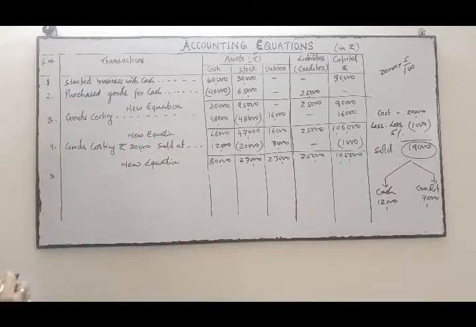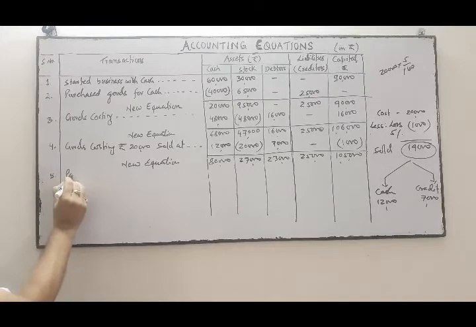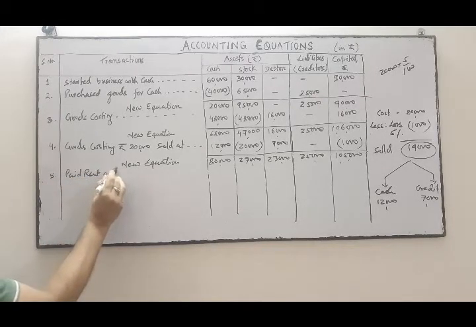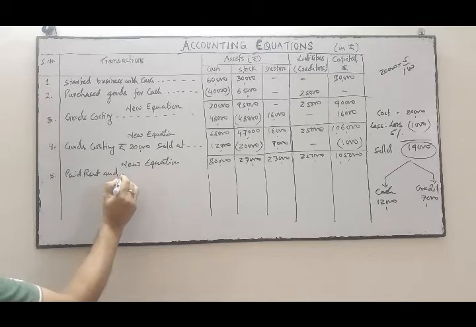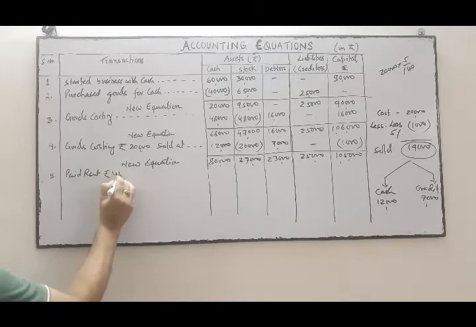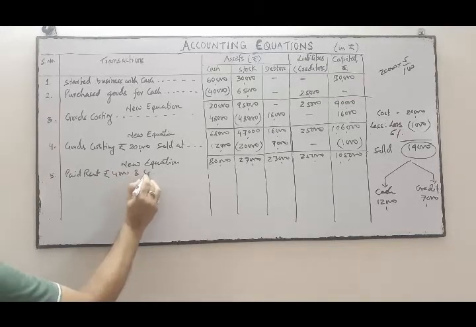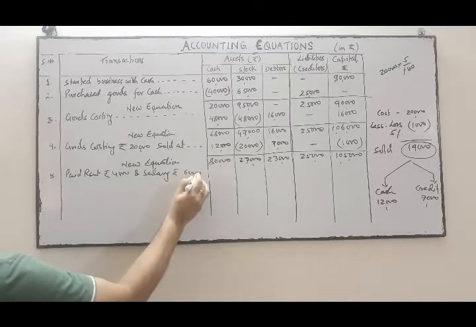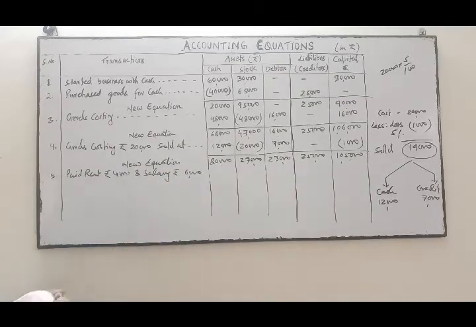Now fifth transaction, paid rent rupees 4,000 and salary rupees 6,000. This is transaction number five.